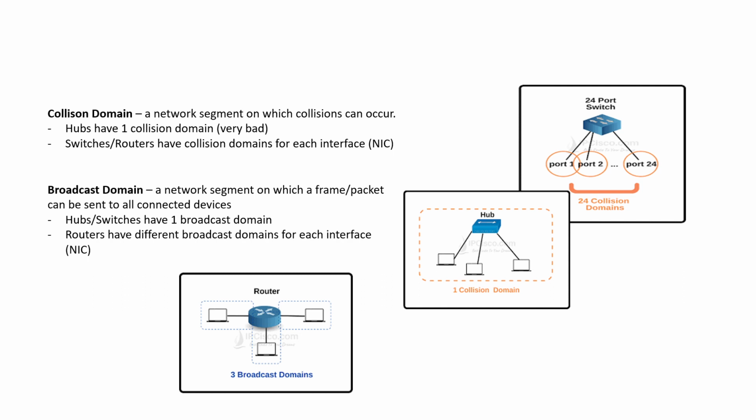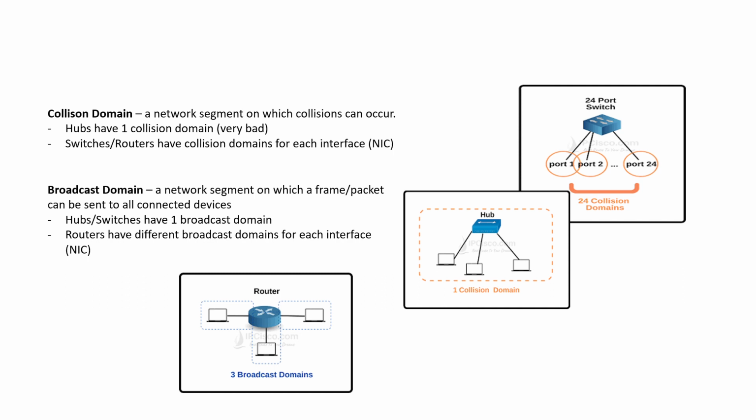Let's now have a look at collision domain. We spoke about collisions earlier, and we are saying that when two or more devices are trying to communicate on the same medium at the same time, then it's possible that the packets are going to collide.